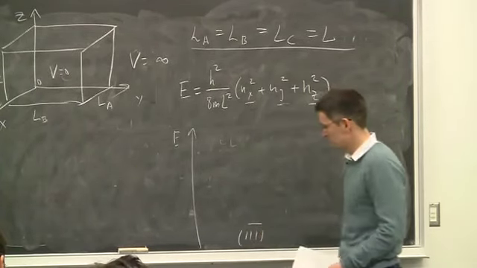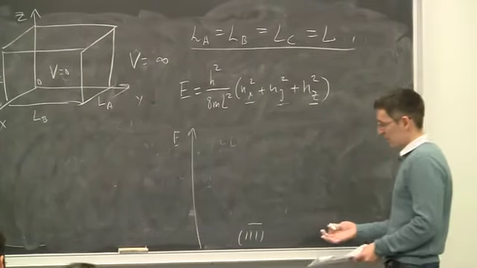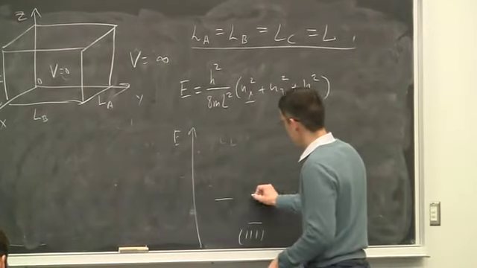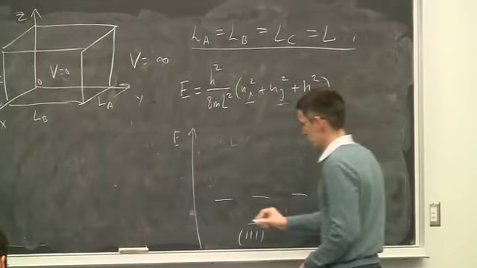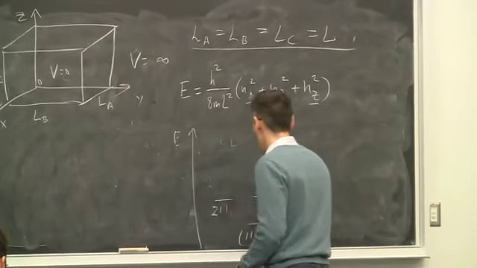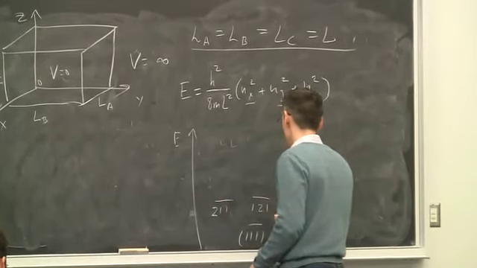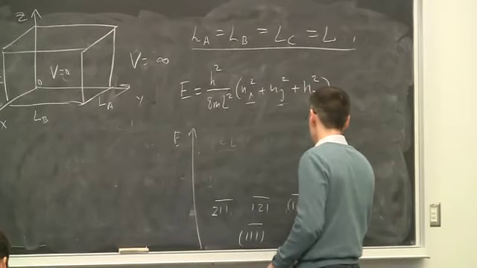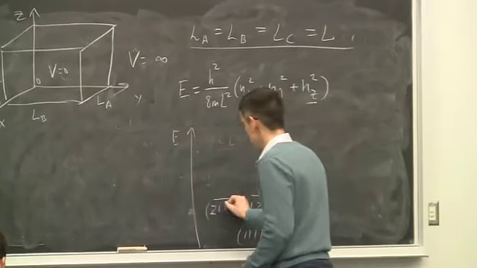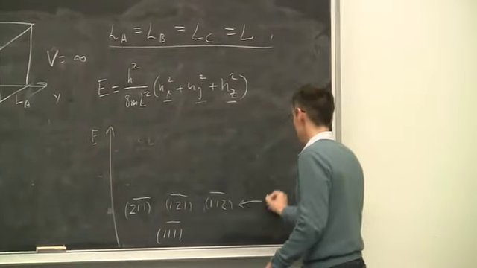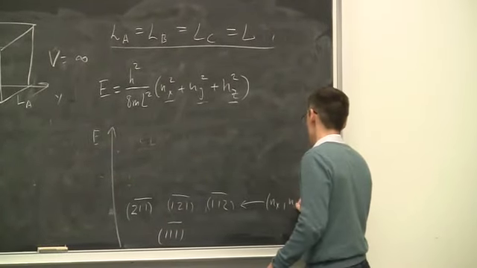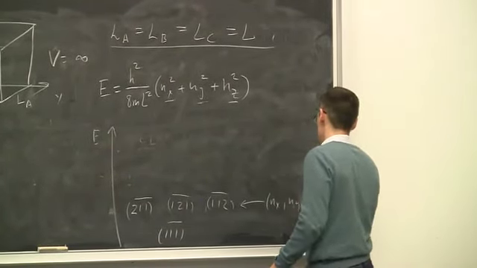That's the lowest you can get. Then the next level, or actually 3 levels, will be 2, 1, 1, then 1, 2, 1, and 1, 1, 2.